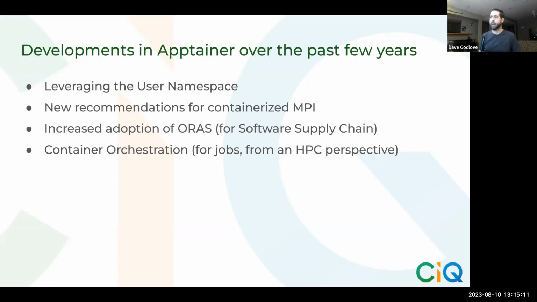Now, I've been talking about Apptainer, so you may be wondering, what's the relationship between Apptainer and Singularity? Well, a few years ago, several community members got together and went to the Linux Foundation and said, Singularity's become a pretty stable and mature project at this point in time. Would it be possible for you to take Singularity and sponsor it as a project?